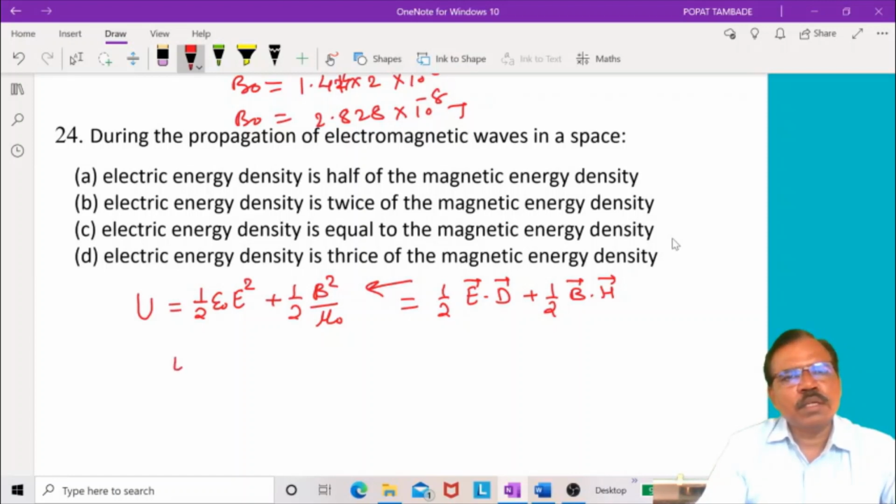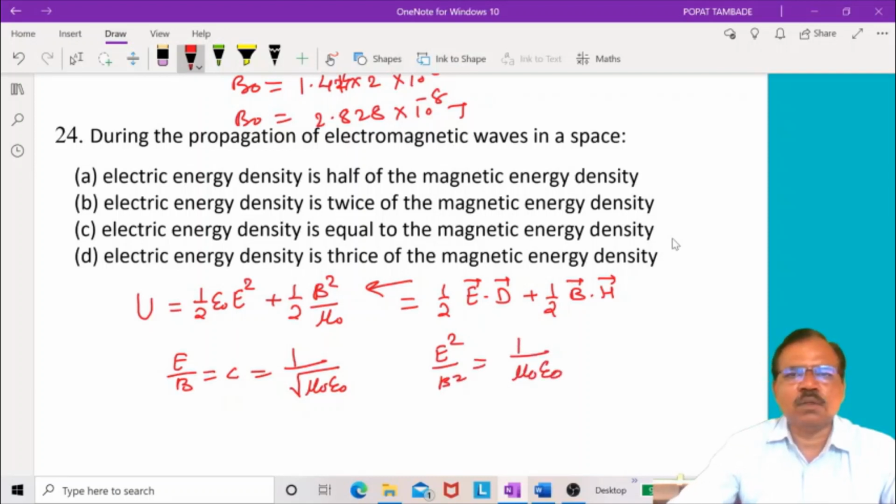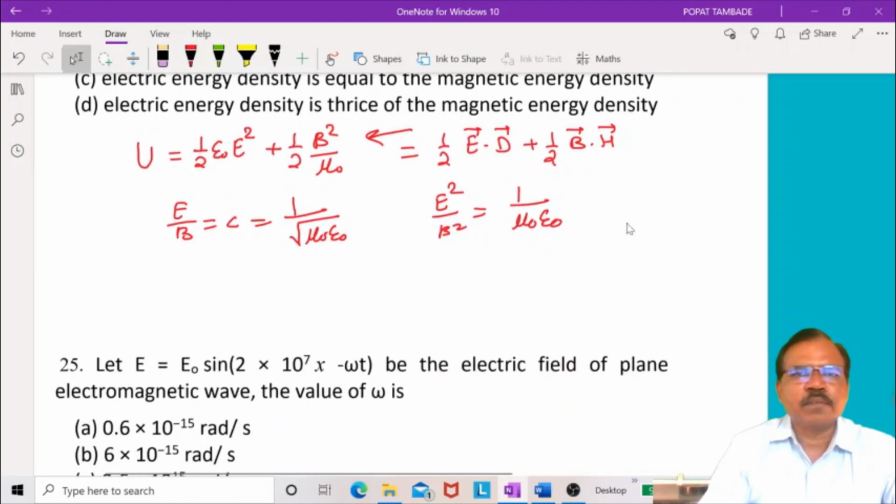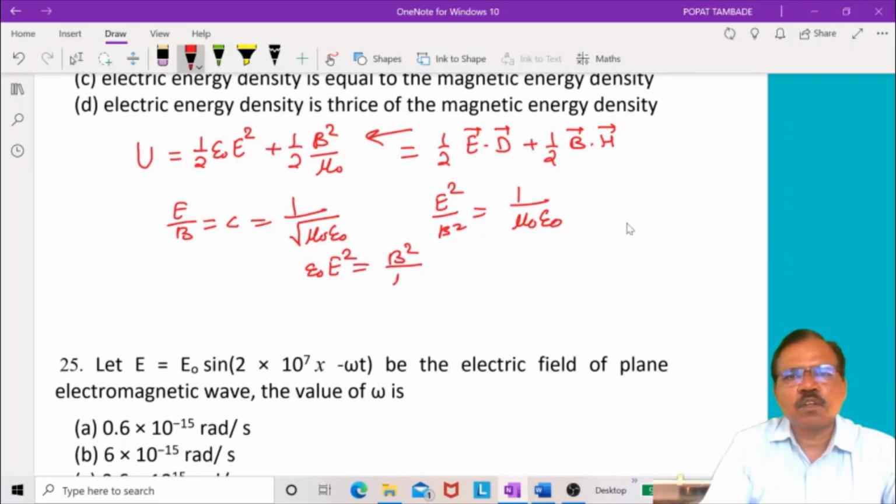Now we know E by B is equal to C, or it is 1 upon root of mu 0 epsilon 0. So E square upon B square is equal to 1 upon mu 0 epsilon 0. So we get here epsilon 0 E square is equal to B square upon mu 0.